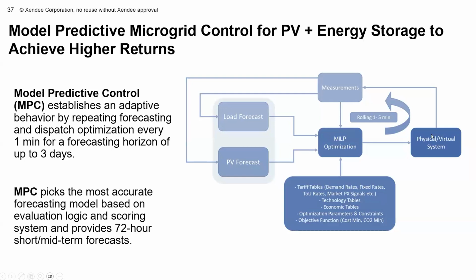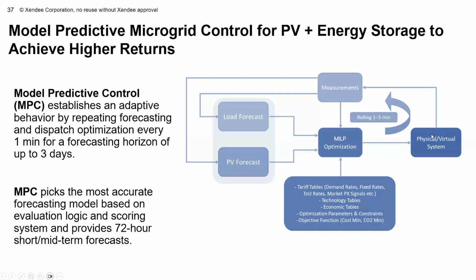With those measurements and historic information, we can do load forecasting and PV forecasting, or renewable forecasting. So we actually predict for the next 3 days what the load and the output might be.